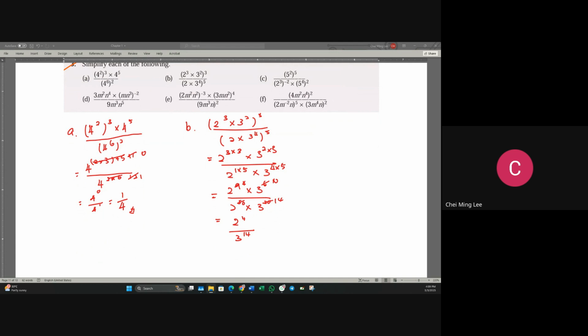Sure. Yes. The question A, the 4 power square. Okay, sorry, the 4 power square. All that we will change into 1. This one is 11, 11 I took out, I simplify it again.